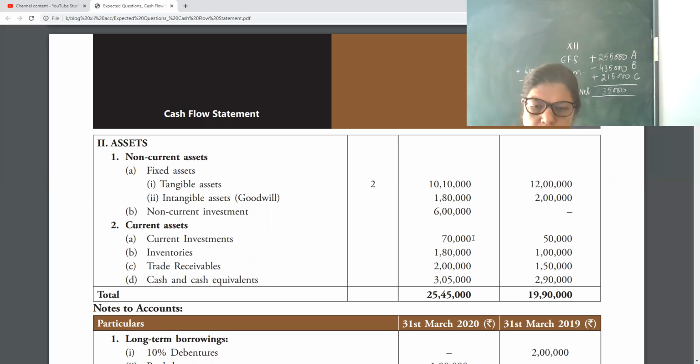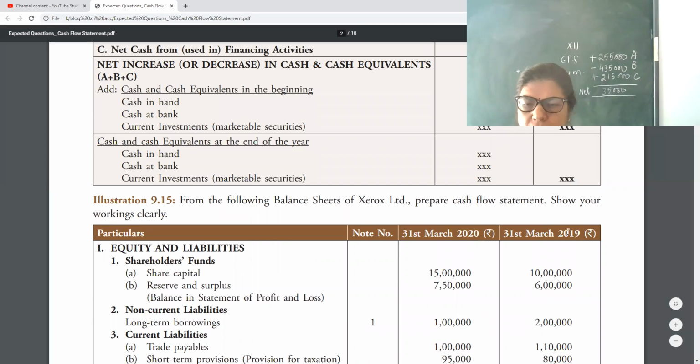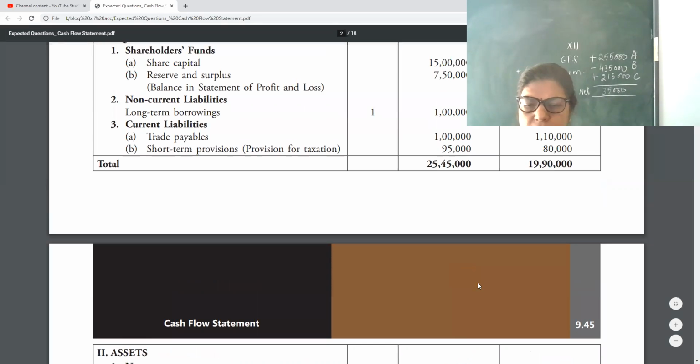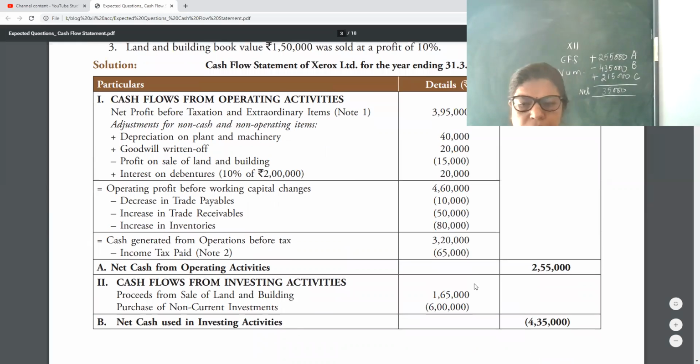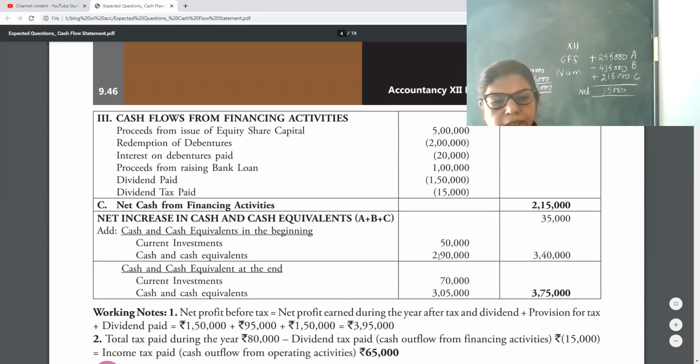And this is closing: 70 and 305. How can we say this is closing? We can see the year: 19 opening, 20 closing. So directly we are going towards the answer.